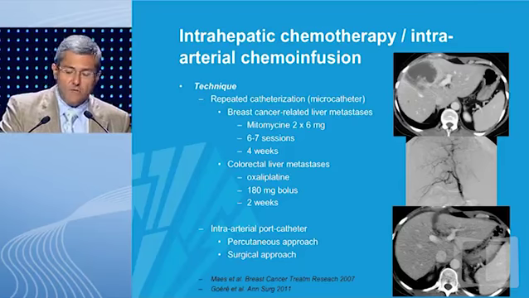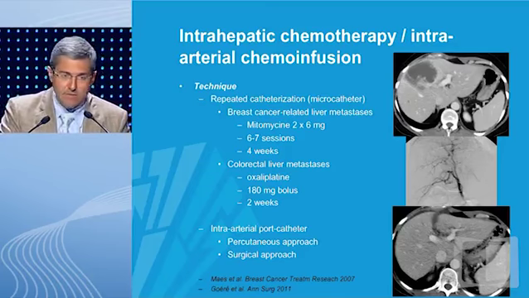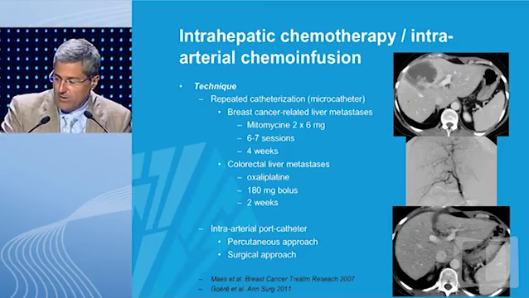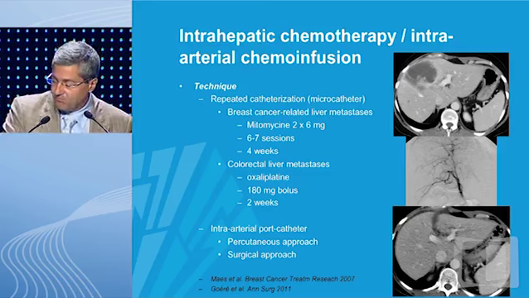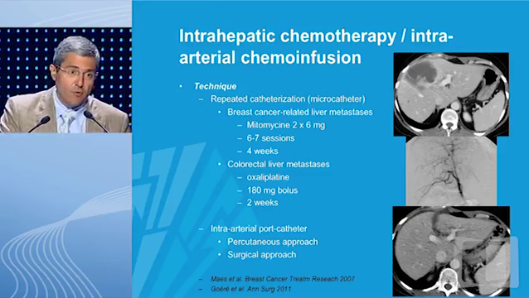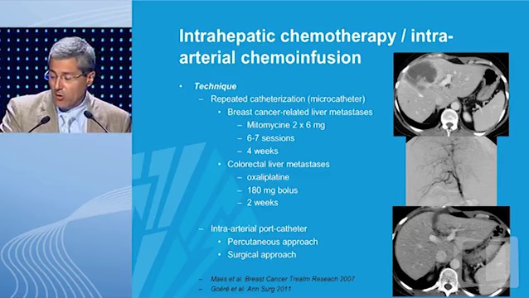So the technique of intrahepatic chemotherapy is twofold. You can do repeat catheterization using microcatheters every 2 or every 4 weeks, depending on your regimen, to catheterize the hepatic artery, or you can place a port catheter, which stays in place for many months, even years.